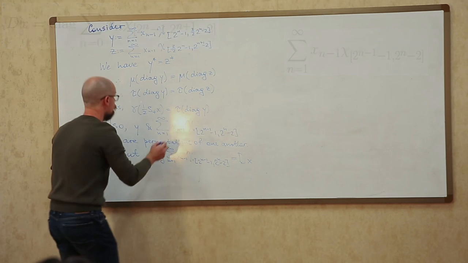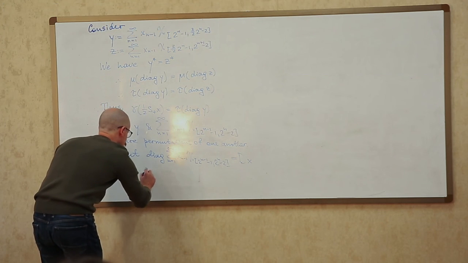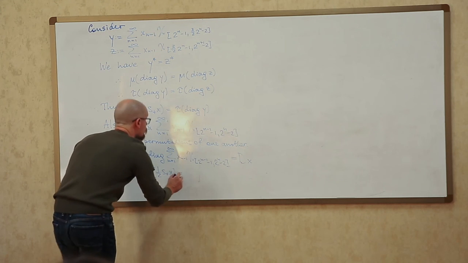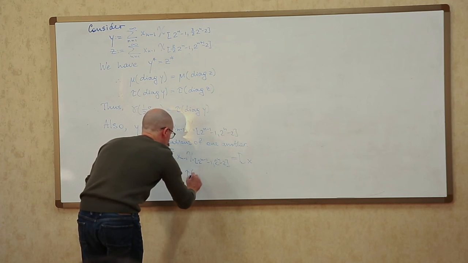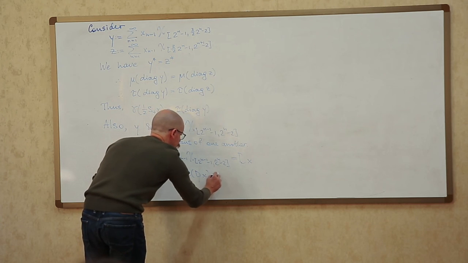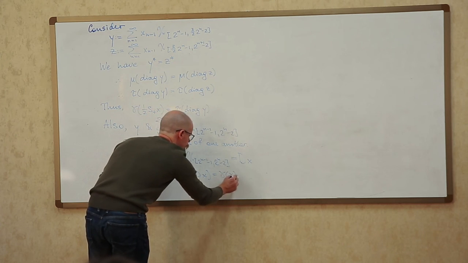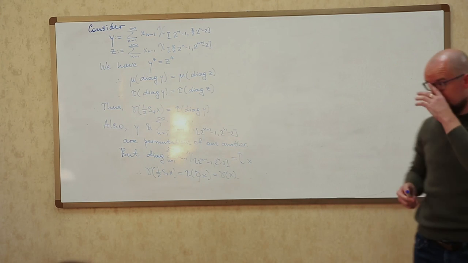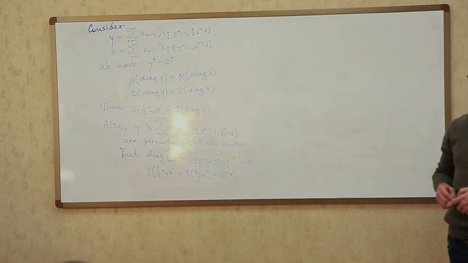Therefore, gamma of s plus x equals tau of dx, which is gamma of x. And we are done with one more part in the equation.